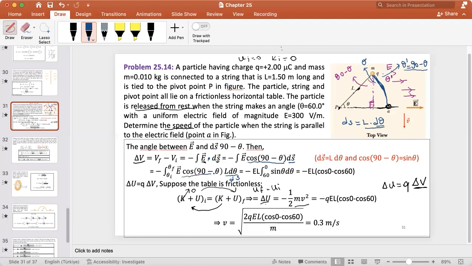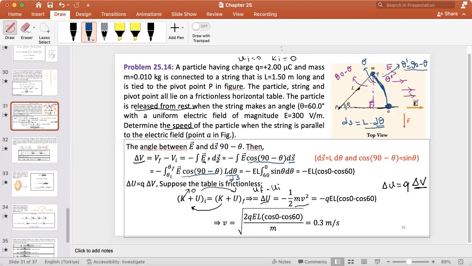This one is coming from the dot product and the electrical field. I have to define my limits on the integral. What is my first angle? My first angle, where the particle is here, is 60, and then at the final position the angle will be 0, isn't it?